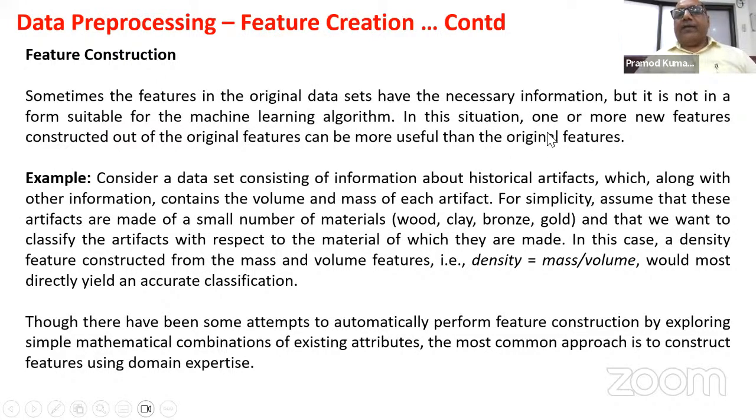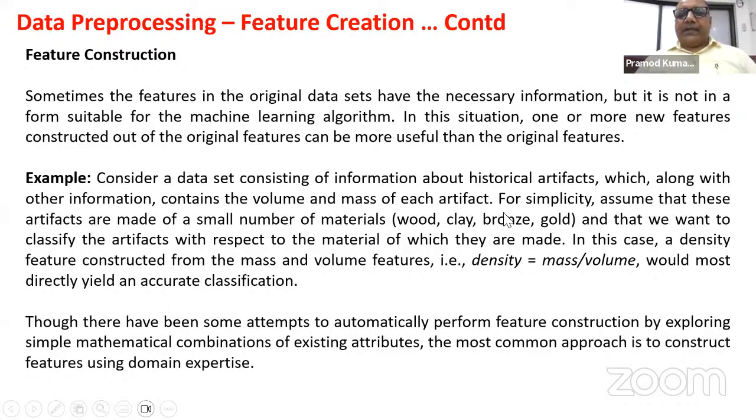What we say in this particular paragraph is only one thing: if we create a new feature that gives more information in comparison to the original features which were present there. Consider a data set consisting of information about historical artifacts, which along with the other information contains the volume and mass of each artifact.